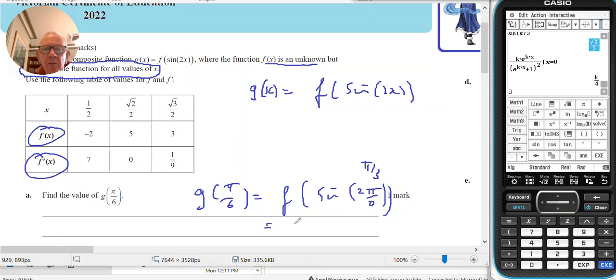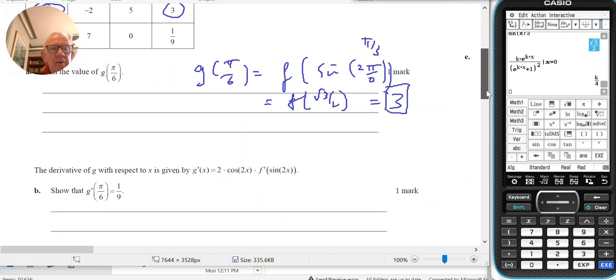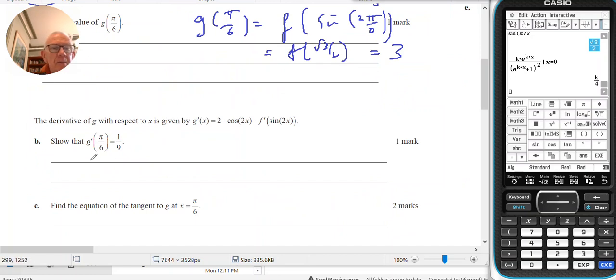So it's going to equal f of root 3 on 2, and f of root 3 on 2 is equal to 3. So it equals 3. 1 mark.